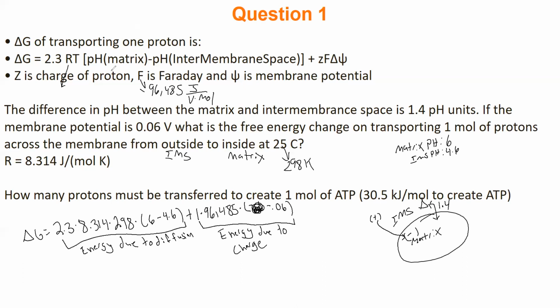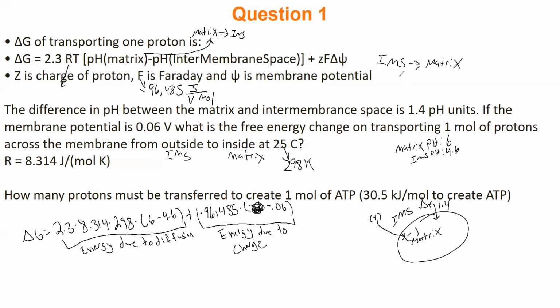Okay. So the way I have this, pH of the matrix minus the pH of the intermembrane space, this is written for moving protons from the matrix to the inner membrane space. So that form of the equation is correct going this way. However, and I apologize for this, I just noticed that if you are going from the inner membrane space to the matrix, these two pHs are flipped.